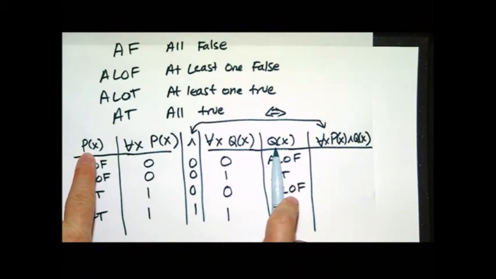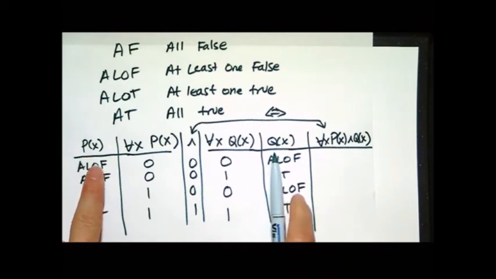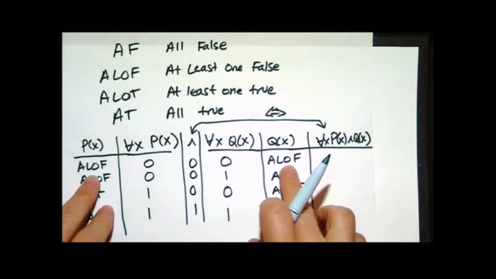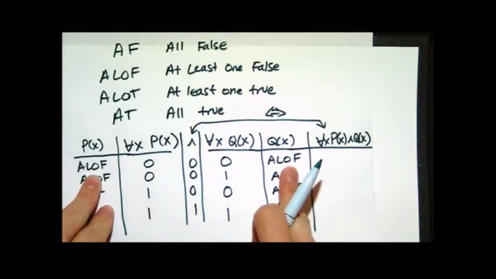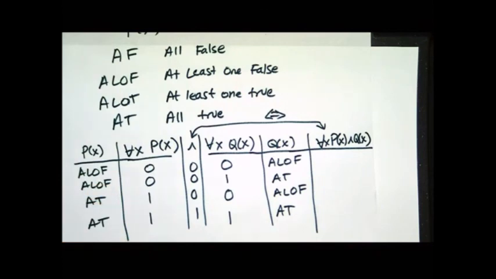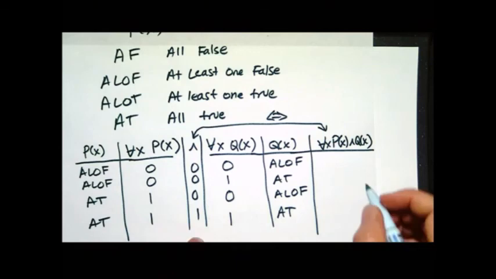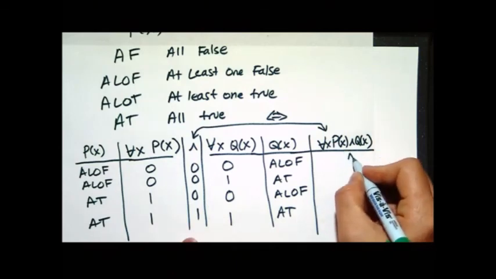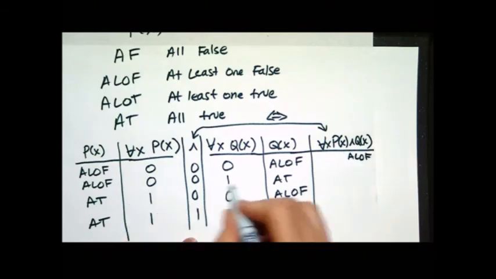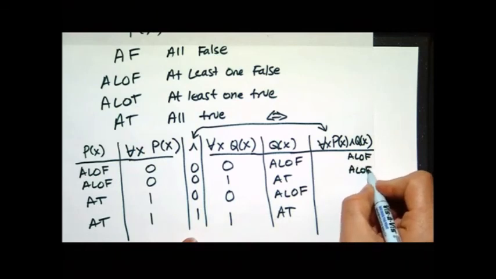Because these aren't actually propositions. But remember that ANDs preserve falses, okay? So if I AND two of these frequency things together, I'm going to save the most falses that I can. So if I AND at least one false with at least one false, how many falses do I have? At least one, right? So for this P of x and Q of x, I'm going to have at least one false. And the same thing's going to happen in every row except for what?